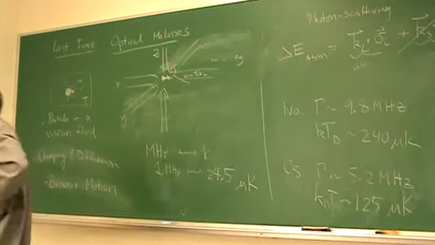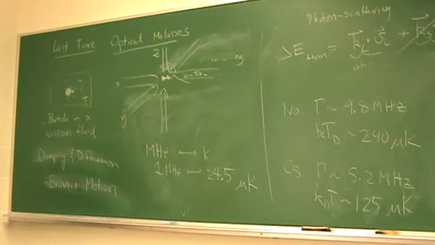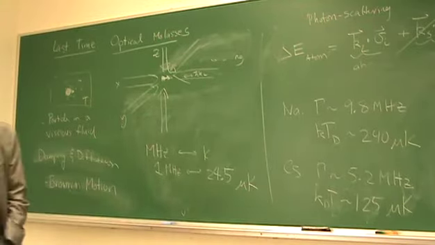How cold can you get there? A few microkelvin. But that's now cooling with helium-3, that's right, and pumping and trying to extract as much of the entropy as possible. So this is an incredibly cold temperature.